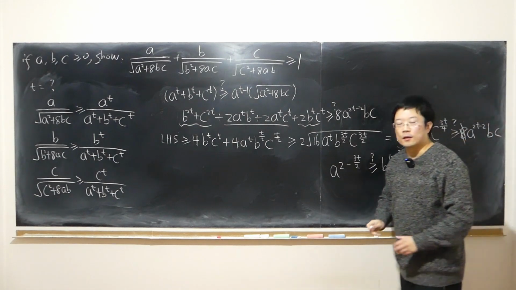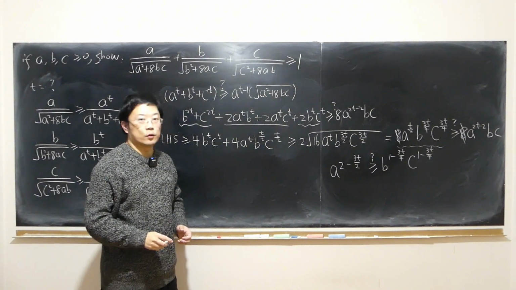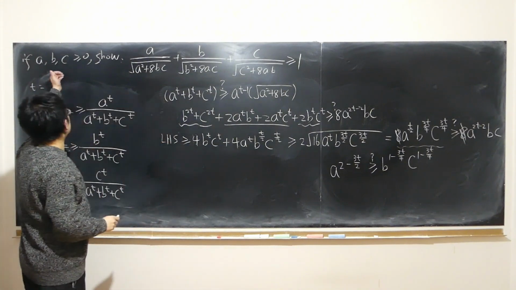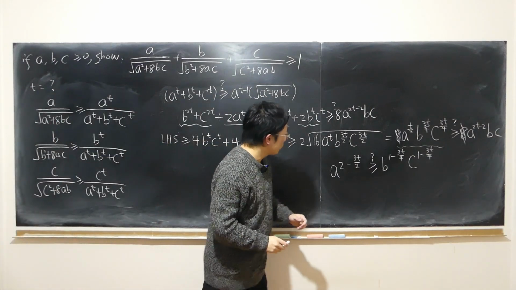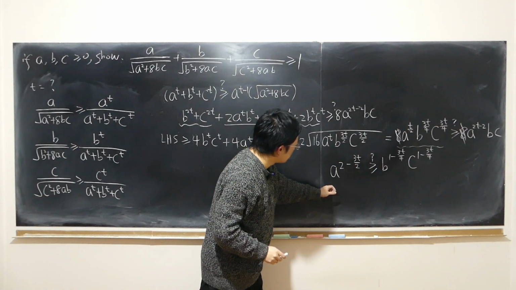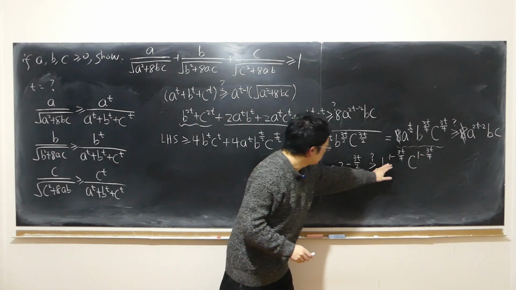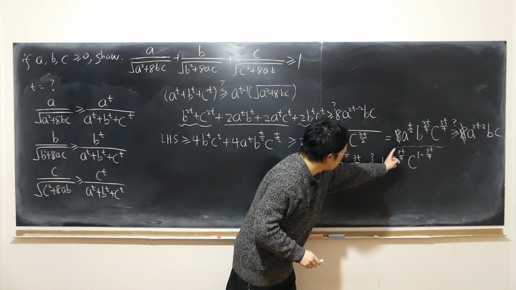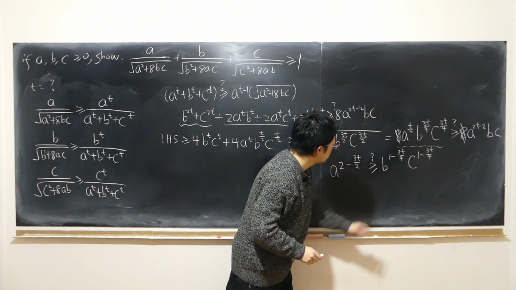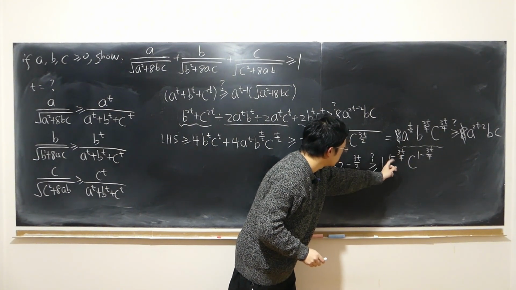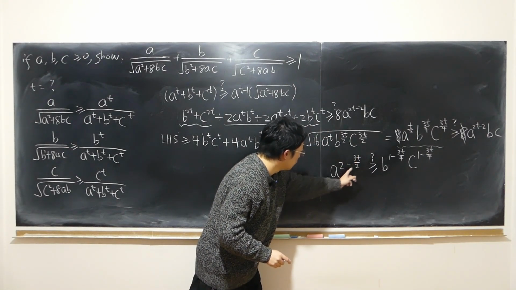So what kind of t can satisfy this inequality? We don't know which one's bigger. All we know is that they're all positive. So t equals some random number, we don't know if it's true. But if we consider the special case, if we turn this power into 0, when t equals 4 over 3, yes, 4 over 3, this becomes 1, this becomes 0, and the power becomes 0.